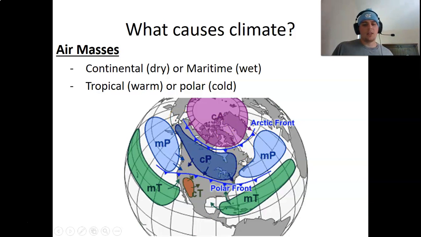So the reason that the southern United States versus the northern United States have such differences in temperature, number one, is because of latitude, but number two, because the northern United States is going to have a lot more polar air masses, or even Arctic air masses, that are coming in and making that area colder, whereas the southern United States, southern North America, is going to be having a lot more tropical air masses that are coming up from down south, making it a bit warmer.